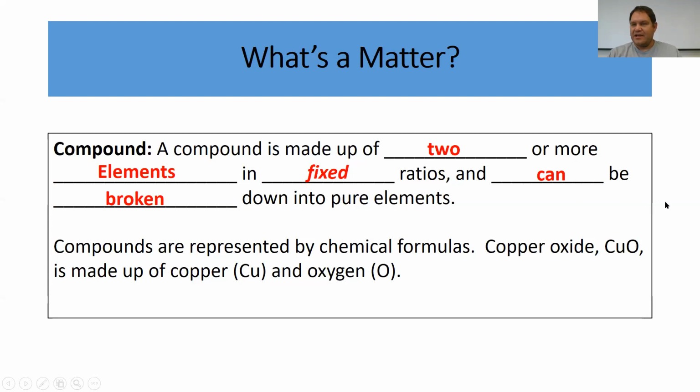Elements can't be broken down by chemical reactions or processes, but compounds can. Compounds can be broken down into the pure elements. So I lost my sodium chloride, but essentially we take those building blocks, break them down into the pure elements, and then we have those pure substances. But we also can then combine them together to form complex compounds.